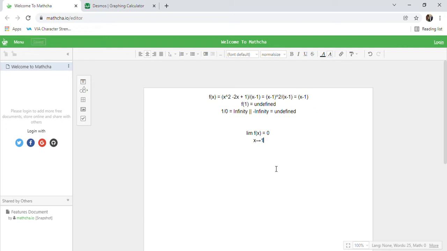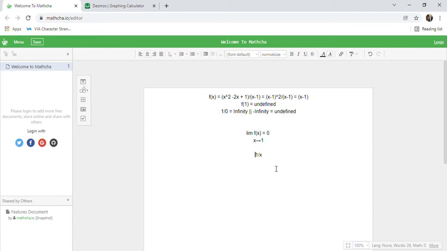So the limit of f of x is equal to 0 as x approaches 1. But it doesn't actually equal 0. It approaches 0, and that's the idea of a limit here. This is actually relevant to what calculus is, and before I get into that though, I'll show you a couple more examples of limits and how they're calculated.